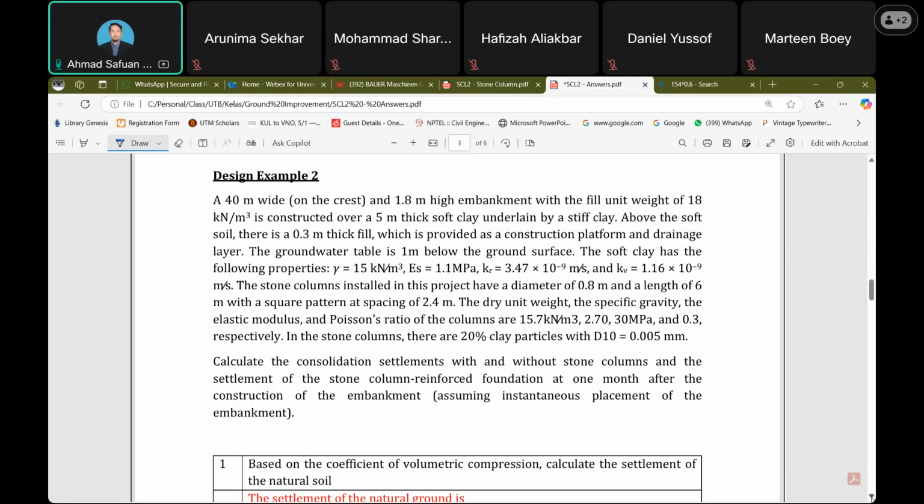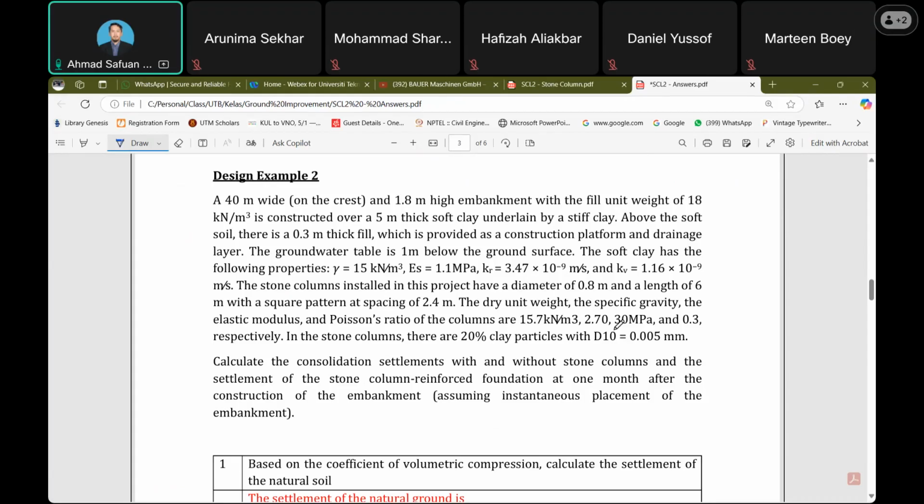So this is very wide. If the problem is very wide, then we may use the settlement based on the coefficient of volume compressibility and not the immediate settlement equation.